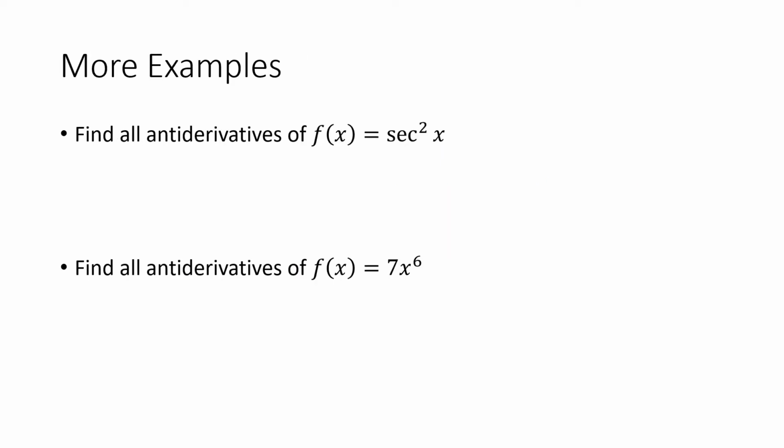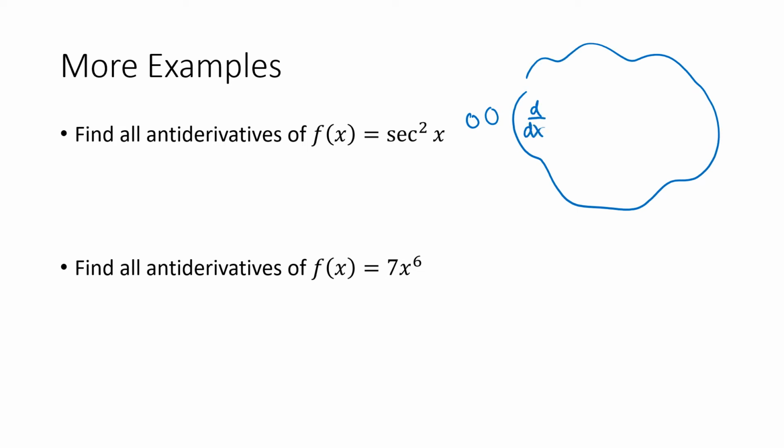What if I said find all antiderivatives of little f of x equals secant squared of x? Again, what we're looking for is the original function so that when we take the derivative, we get secant squared of x. So the question is, what goes in that spot? If we think about our knowledge of derivatives and our derivative rules, hopefully we realize after a little bit of thinking that if we put the tangent of x in that bracket, the derivative of tangent of x is secant squared.